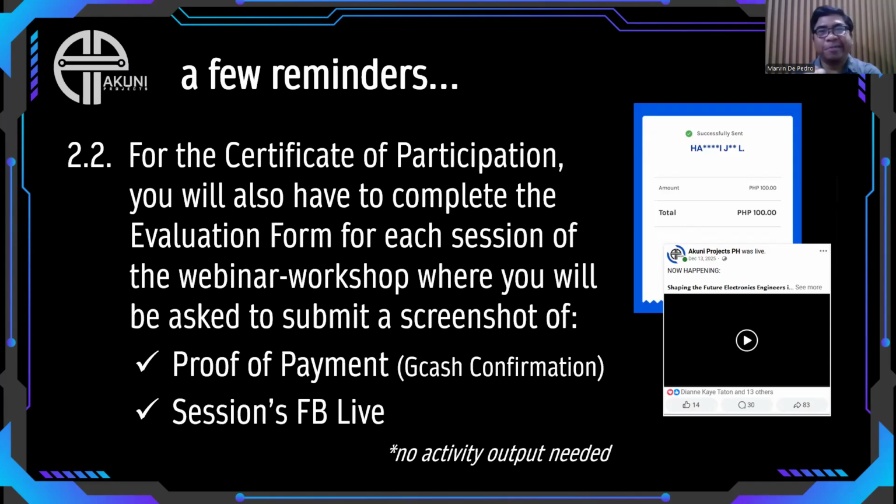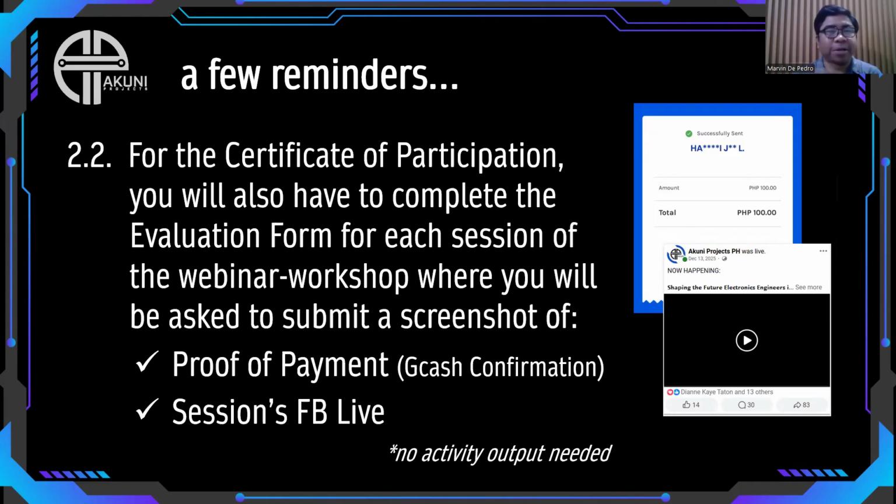All right. By the way, in this case, since this one has a corresponding processing fee, that means there's no activity output needed, right? Because this is intended for those who are not able to perform the activities.